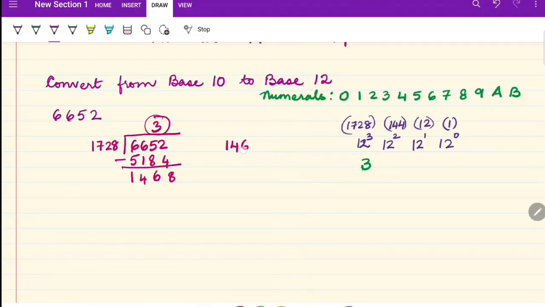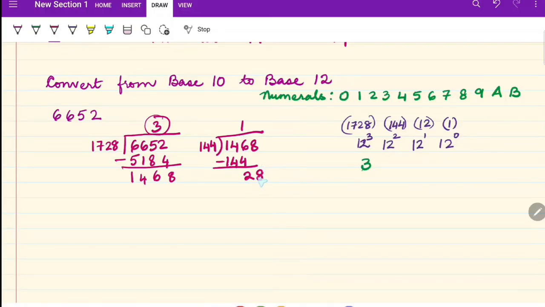We have to continue the process of division, but this time we will divide the remainder by the next lower positional value. So we used 1,728. We have to divide it by 144. So let's do that. 144, and that would be 1 times 144 is 144. 6 minus 4 is 2. Bring down the 8.